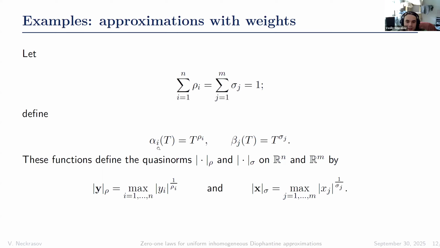And in this case, it corresponds to our weight functions, where we take alpha i's and beta j's to be corresponding powers of variable t. We will also abuse the notation slightly. So you may remember that the notation for general weight functions was the same with rho and sigma replaced by alpha and beta. So we used to think of alpha and beta as functions. Specifically, when we use the letters rho and sigma, we think of these as the weight vectors instead.